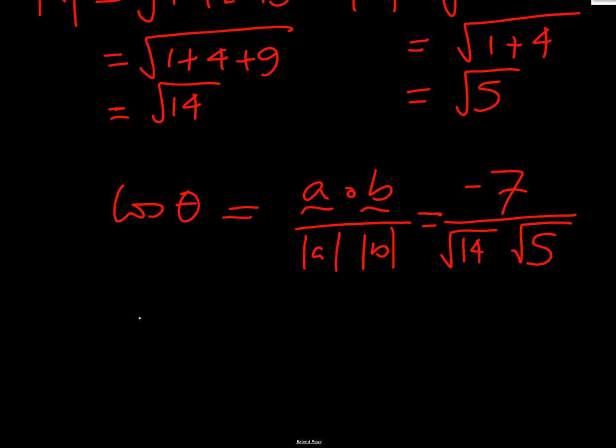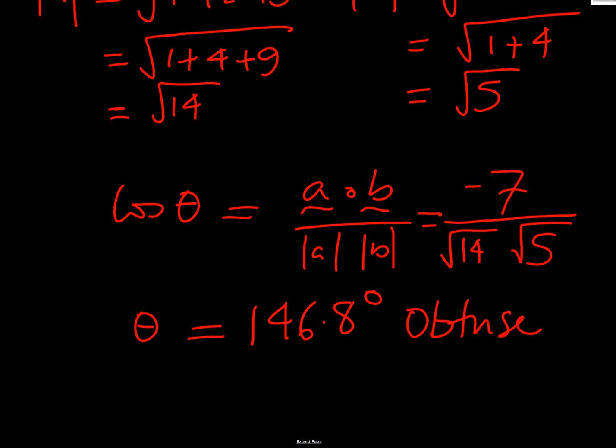And if I go to my calculator, I'm going to find out I will get theta equals 146.8 degrees. That's an obtuse angle, isn't it? So I need to find my acute angle. And I'm going to do that because, of course, if that one is 146.8 degrees, then the angle I'm interested in is going to be 180 minus.